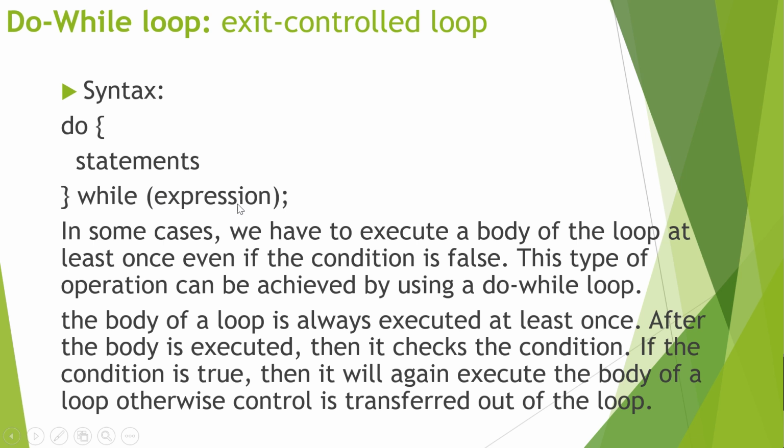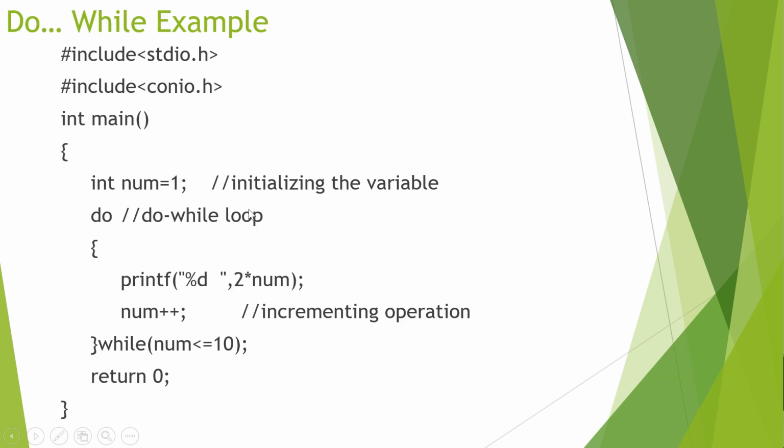Okay, so what is the difference between while and do while? While is an entry control loop, do while is an exit control loop, because on exit the expression is checked. And one more important point is that the statements will get executed at least once even if the condition or expression is false. Okay, let's see the example here.